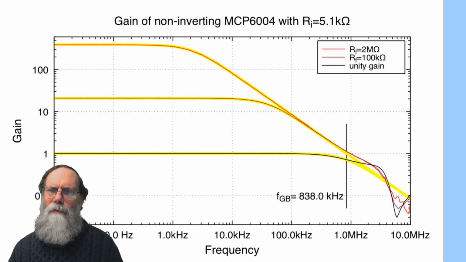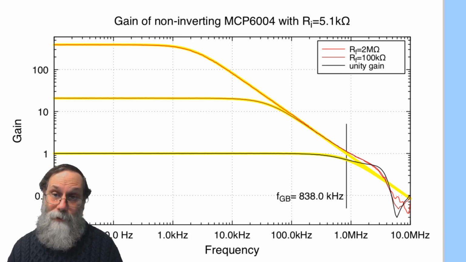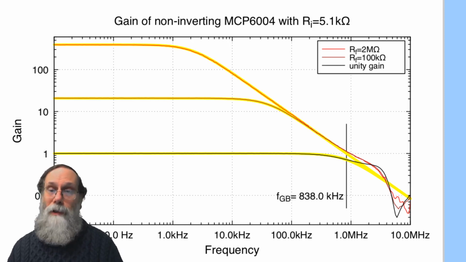I gave you the results here for the non-inverting amplifier. The inverting amplifier has the same corner frequency. You can go through and do the algebra and get exactly the same filter specs. The only difference is what your passband gain is going to be.